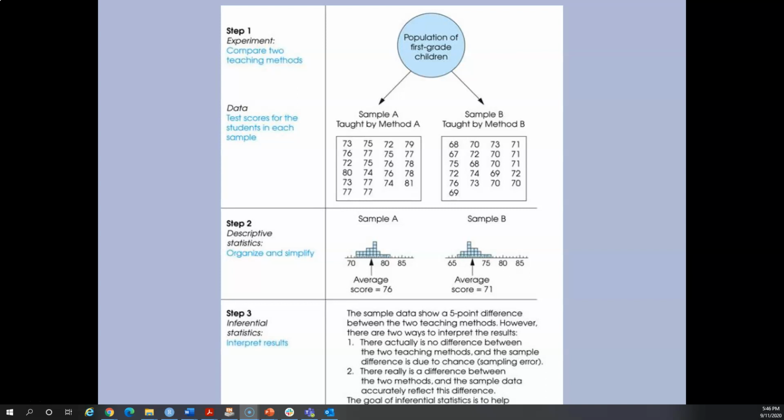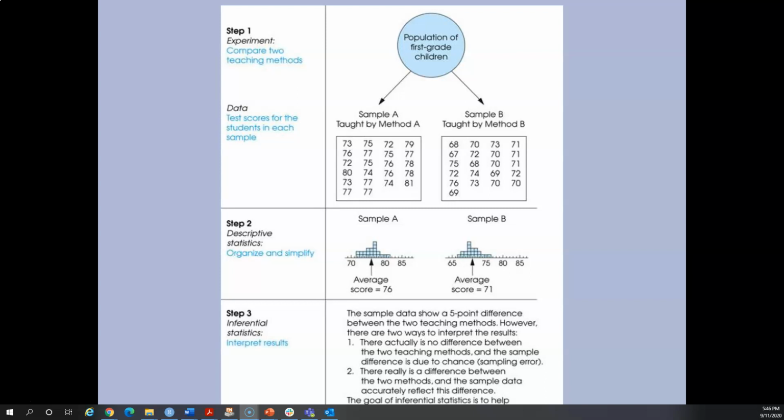After exposing the two samples to the two different teaching methods, you give them an exam and calculate their average. Sample A, taught with method A, averaged 76%, and sample B, taught with method B, got 71% as an average score.